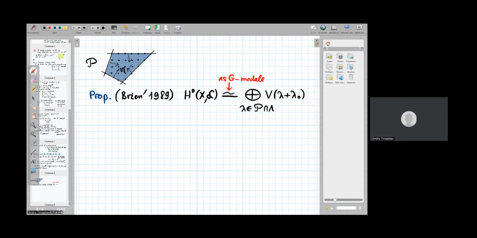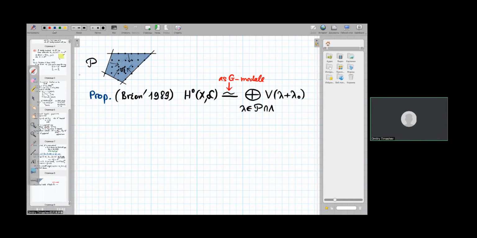So you take all these lattice points, shift these points by lambda naught, and consider the irreducible G modules with highest weight lambda plus lambda naught. And the direct sum of all these G modules is isomorphic as a G module to the space of global sections of the line bundle L over the spherical variety X naught. So this is the theorem.